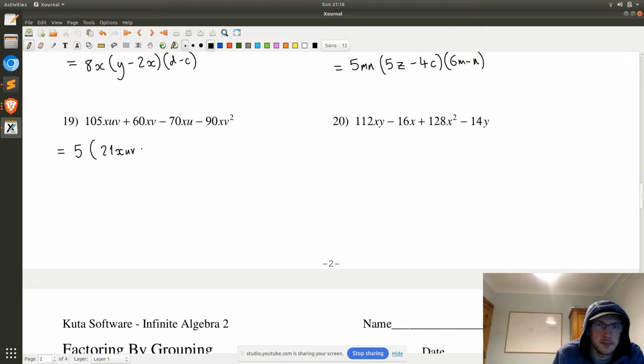21xuv plus 12xv take 14xu take 18xv squared. Now we have a common factor of 3 on the first, second, and fourth terms in the bracket.